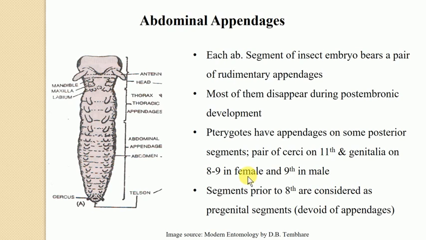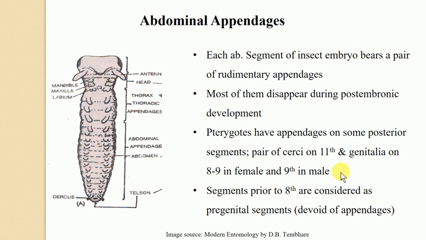So among the pterygote insects, the appendages on the abdomen are either cerci, which are the segmental appendages of the 11th segment, or the structures contributing to reproduction, particularly the external genitalia, found on segments 8 and 9 in the female and the 9th in the male. The rest of the pterygote insects are generally devoid of any abdominal appendages.